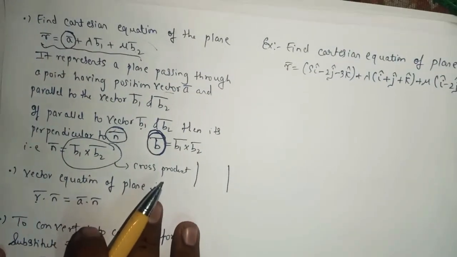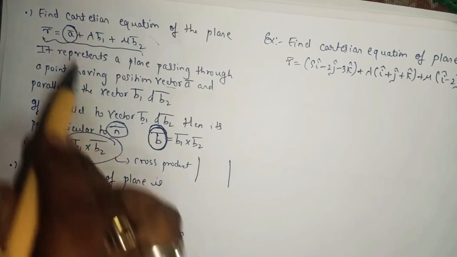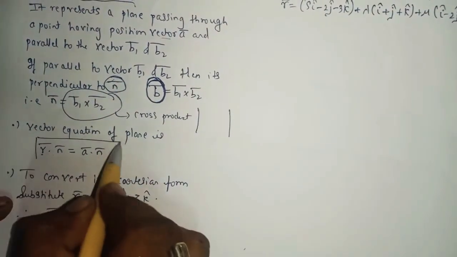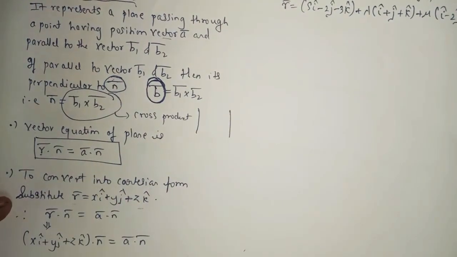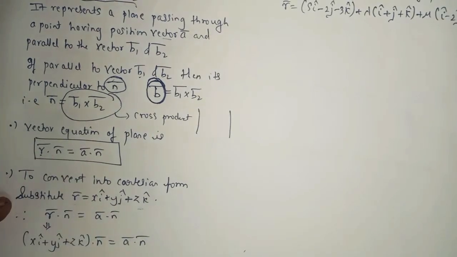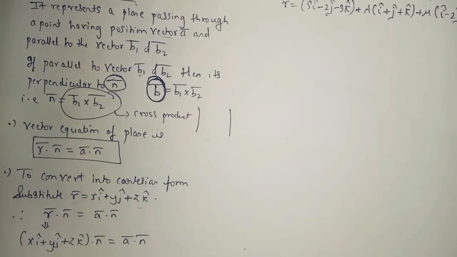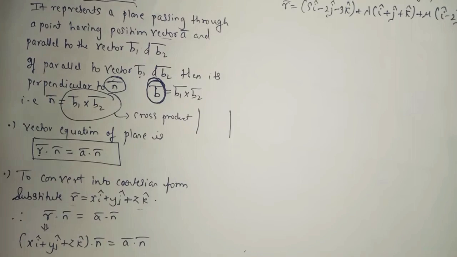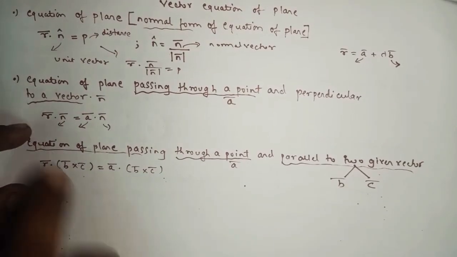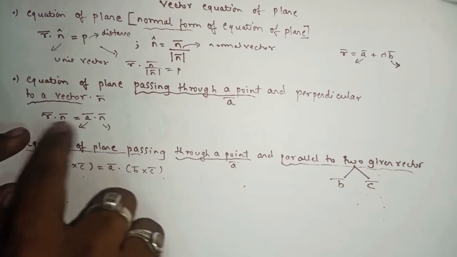To convert the given equation into a Cartesian equation, you simply use this equation of the plane, as I explained in the last lecture.